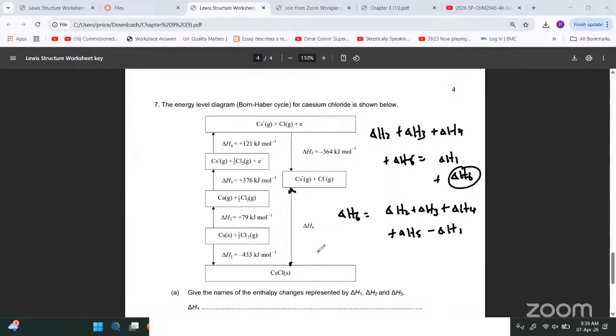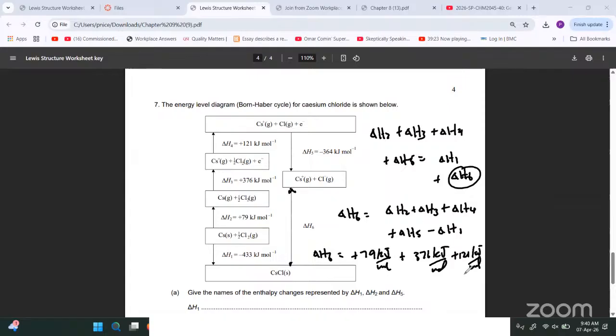So all we have to do now is plug the numbers in. Delta H6 is equal to delta H2. What's delta H2? Plus 79 kilojoules per mole, plus delta H3, which is plus 376 kilojoules per mole. And then delta H4, which is plus 121 kilojoules per mole.